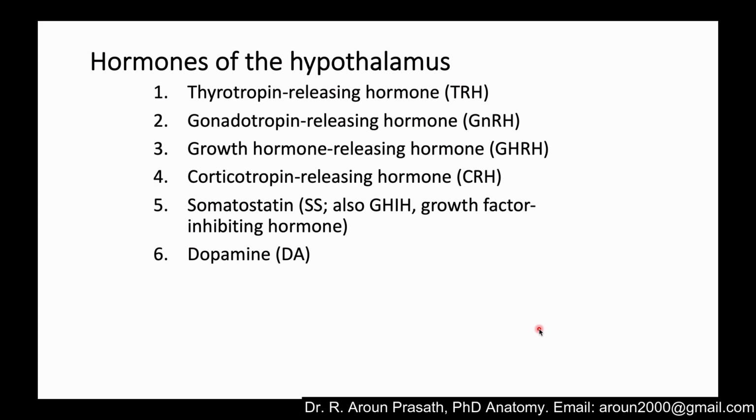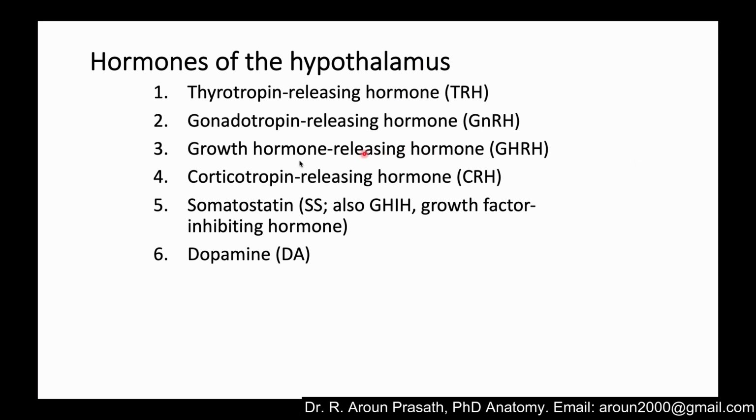Now let us see the hormones produced in the hypothalamus. That is thyrotrophin releasing hormone. This goes to the anterior pituitary and makes it release thyroid stimulating hormone. Then gonadotrophin releasing hormone goes to the anterior pituitary and makes it release FSH and LH, the gonadotrophic hormones.